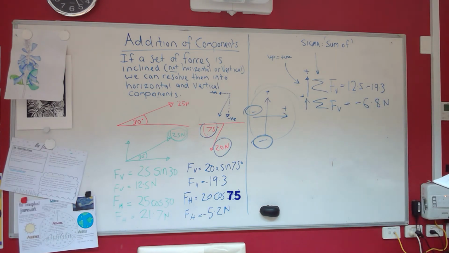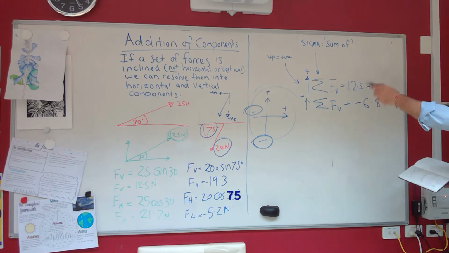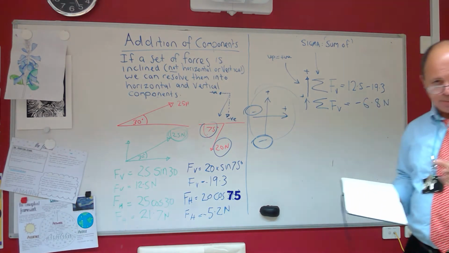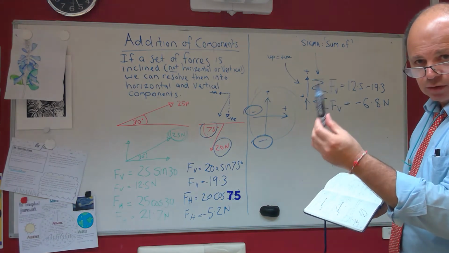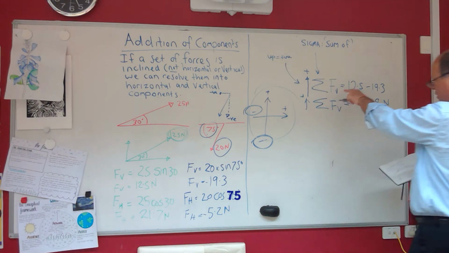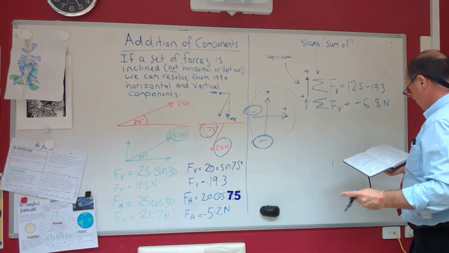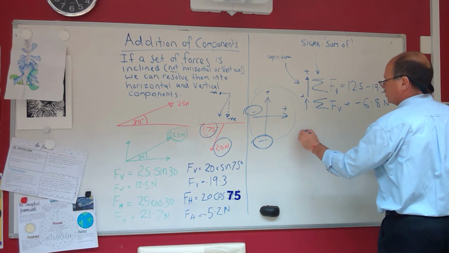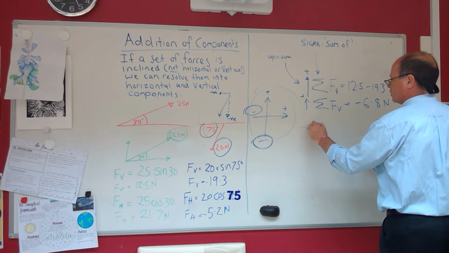Okay, so that's how we always set our working out there. Up positive to tell us what convention we're using. Sigma, forces vertical, equals that. Okay, and then we do our horizontal component. So we go across is positive.